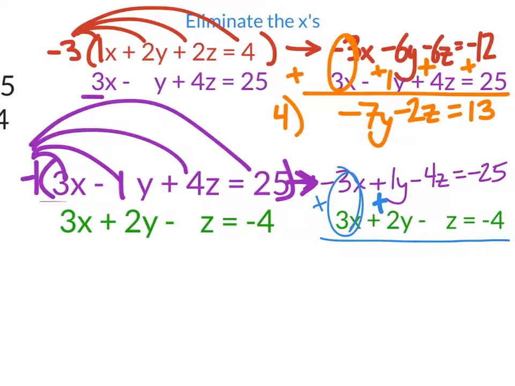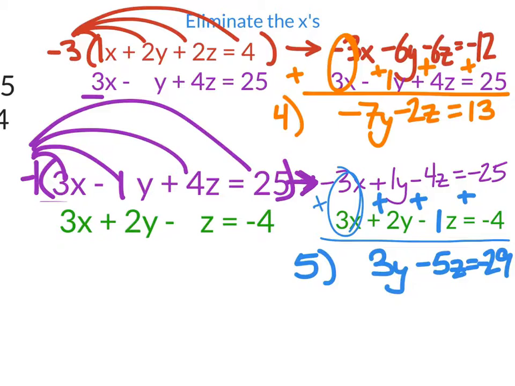So the y's I need to add. 1y plus 2y would be 3y. And the z's, negative 4z plus negative 1z would be negative 5z. And this would equal negative 25 plus negative 4, which is negative 29. So I'm going to call this my equation number 5 right here.